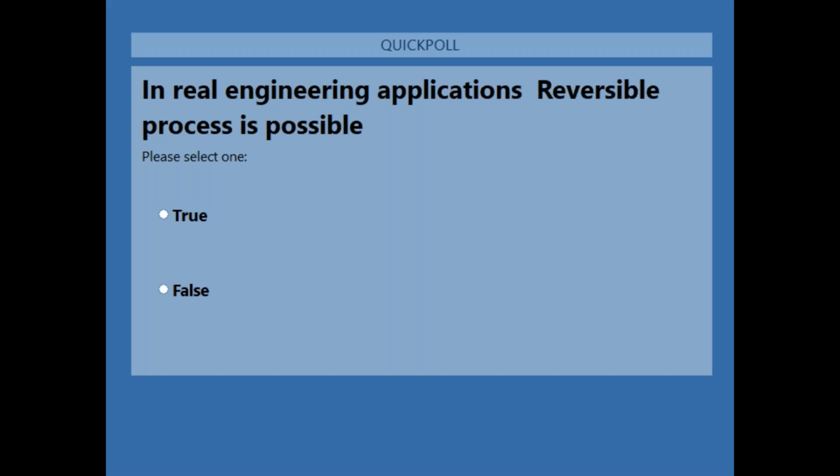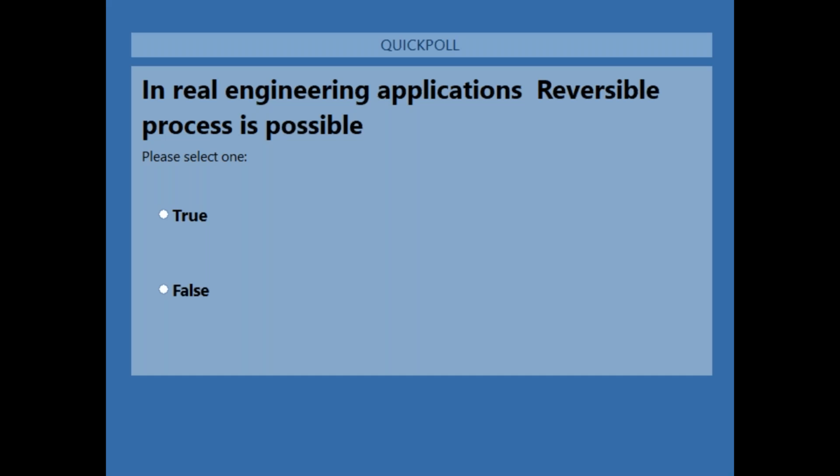So we'll find out what is actually happening. If your response to this very simple question is that in real engineering applications a reversible process is possible, and you are saying that it is true, that is not correct.